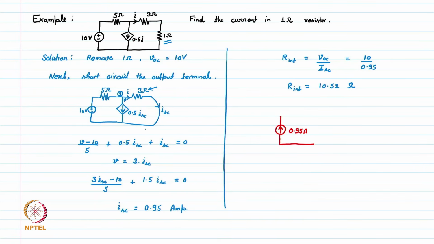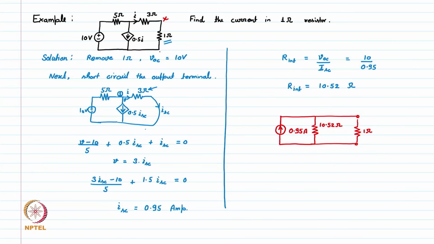This is in parallel with R int or R internal resistance. The value of this is 10.52 ohm. This whole network is now connected to our 1 ohm load resistance.